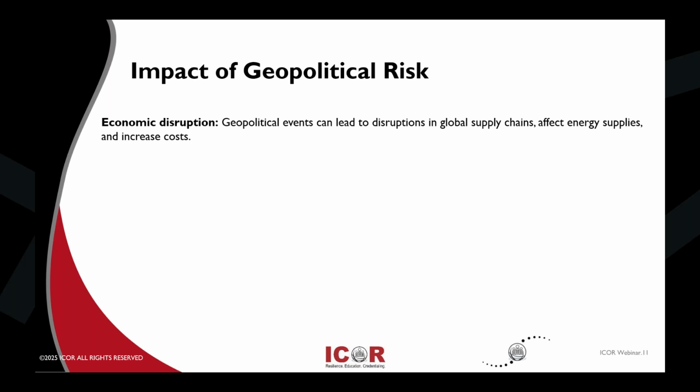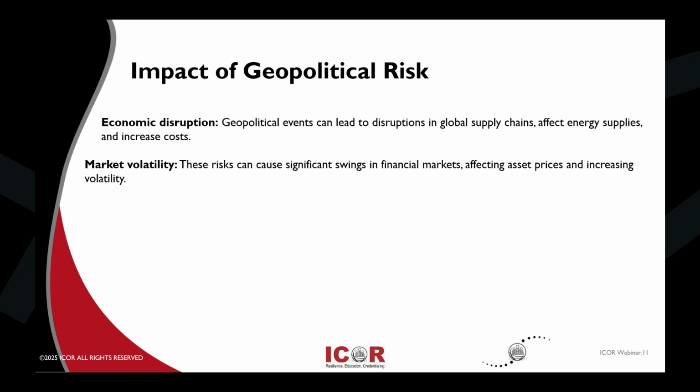Economic disruption rarely causes prices to go down. This market volatility, I know that the financial markets and the people in economics have been looking at geopolitics as far as market volatility, but it is starting now to affect individual businesses as this volatility continues to increase.